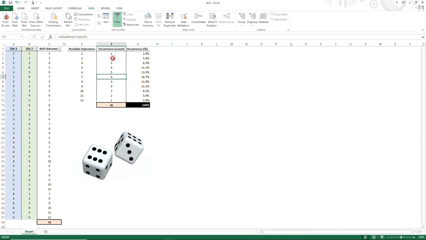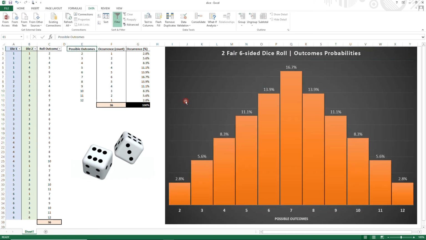So let's now build the histogram for this and see how these outcomes as probabilities show visually on a graph. So I'm just going to unhide this, and there we go. So as I said, number 7, it's right in the middle, and we see a probability of 16.7% of finding that combination, the combination that gives the outcome 7.